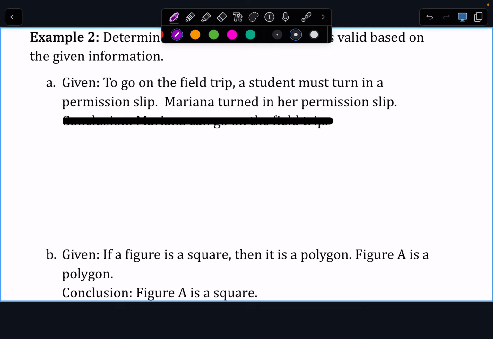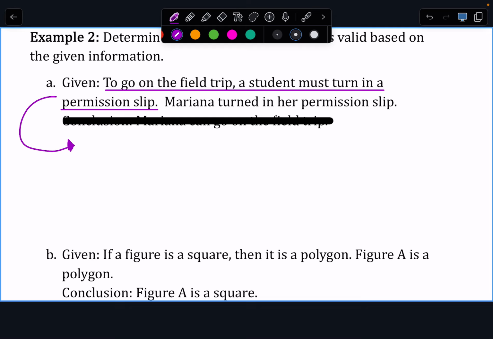What is the if-then statement? If a student turns in the permission slip, then they can go on the field trip. Why does it go on the field trip?